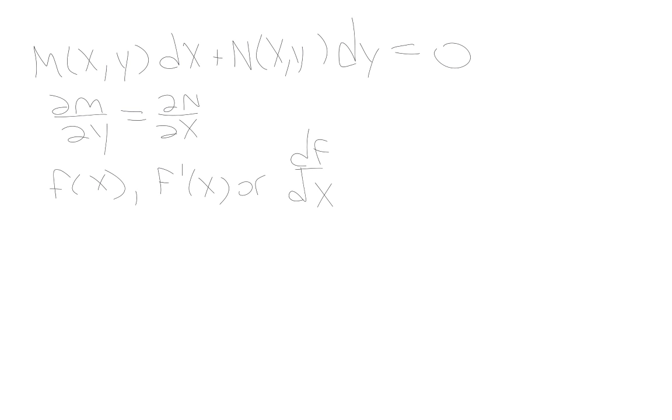Just different ways of writing the derivatives, whether you like Lagrange notation or Leibniz notation. And if you had a function f of x,y, on the other hand, you can't simply take the derivative of that function because it's got more than one input variable, but you can see how the output value grows with respect to the input values.